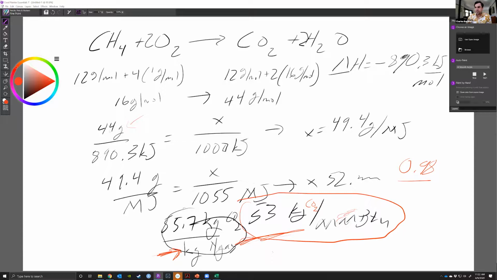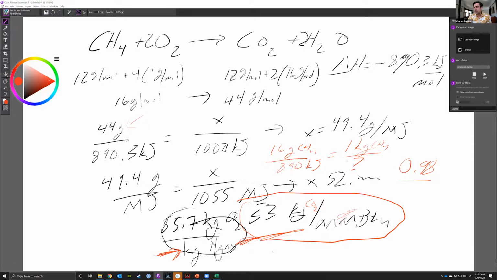We could say 44 grams of CO2. We'd have to go from here. 16 grams of methane makes 890 kilojoules. How many grams of methane? Or 1,000, therefore we could set up a new ratio and proportion. We could say 16 grams CH4 makes 890 kilojoules. 1 kilogram of CH4 would make how many kilojoules?